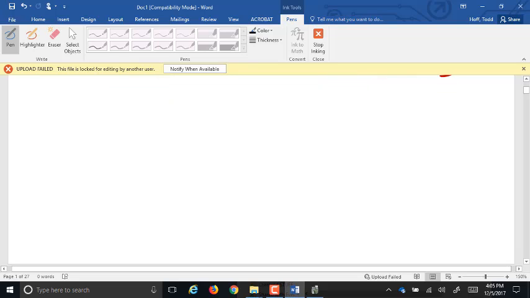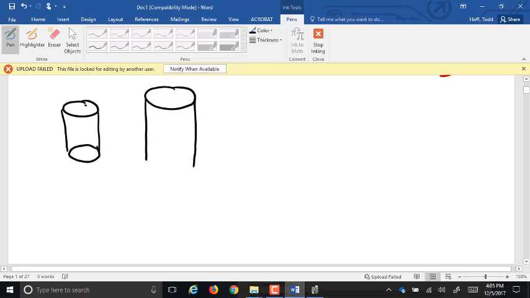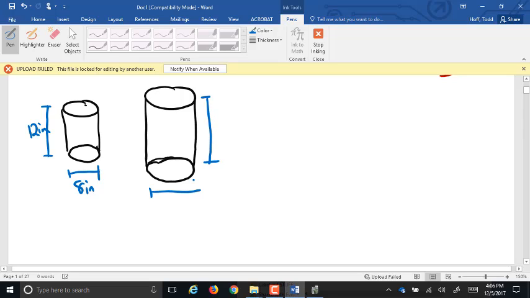These also work for 3-dimensional objects. Let's say I have 2 cylinders. Pretend that looks like cylinders. And let's say this one started out 8 inches by 12 inches. And we expanded it, enlarged it so that this diameter is now 12 inches.